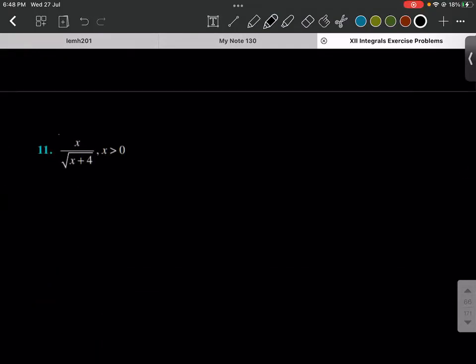That is disturbing me. So what are we supposed to do here, Amrita? I come again, substitute t as root of x plus 4. Do that and see if you're getting the answer.